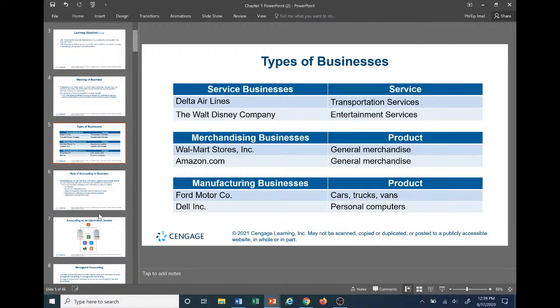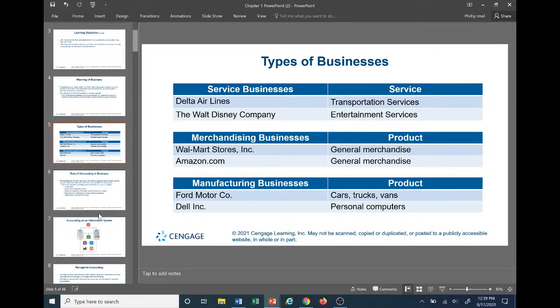Another type of business is a merchandising business. A good example of that is Amazon or Walmart stores. They pretty much are general merchandisers, okay? And lastly, we have manufacturing businesses. These we can think of as your vehicle companies, like Ford or Chevy, GM, things of that sort.